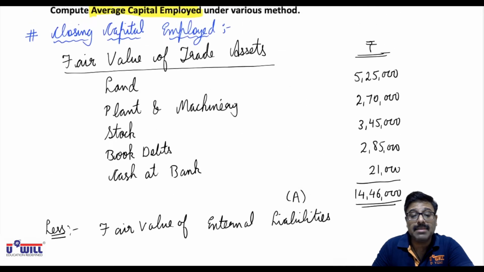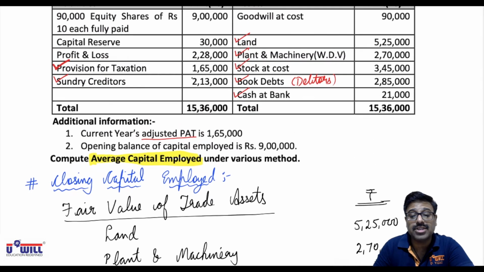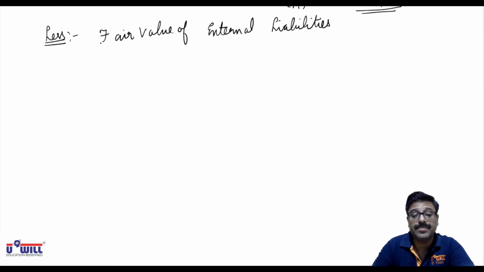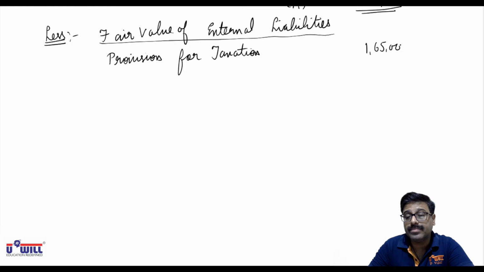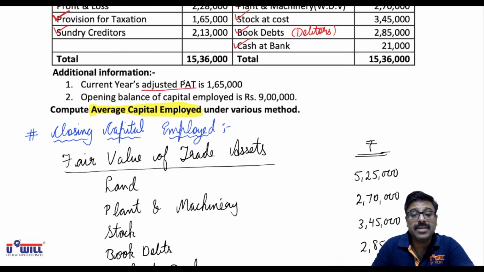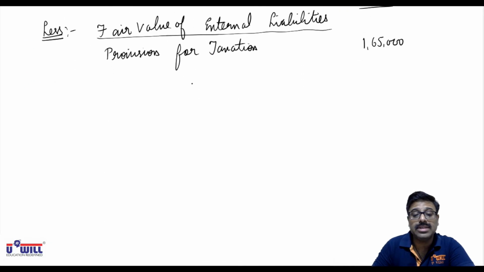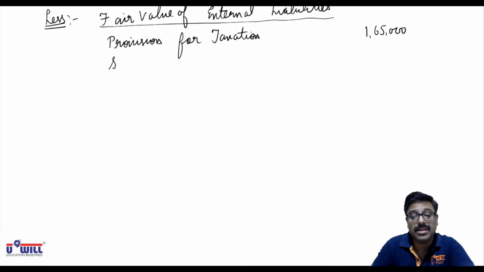Now in external liabilities we have two things: provision for taxation 1,65,000 and sundry creditors 2,13,000.